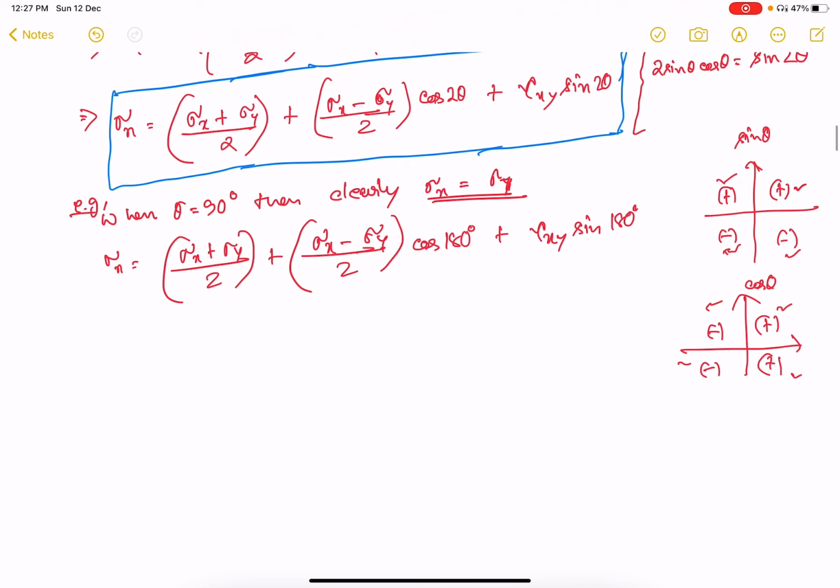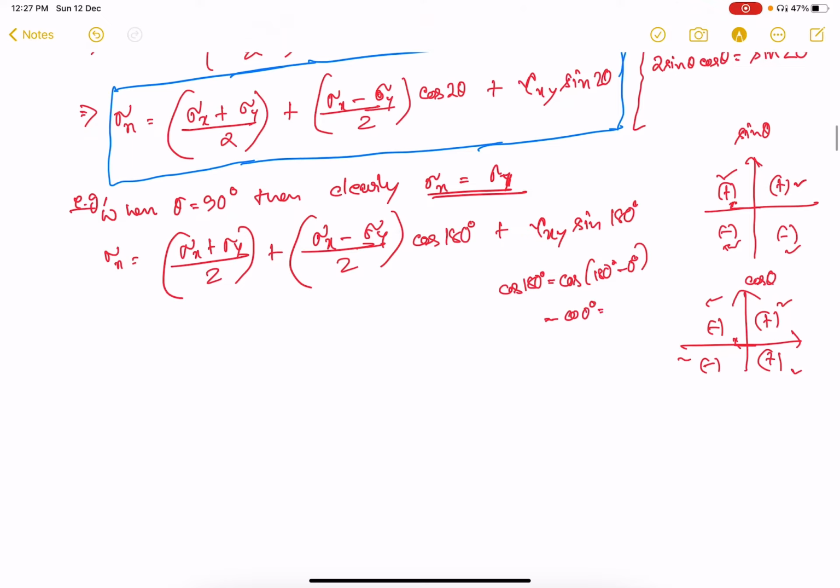Let's see, cos 180 degree is nothing but cos of 180 degree minus 0 degree. So 180 degree minus 0 degree means in this quadrant, cos will be negative. So it is minus cos 0 degree, and minus cos 0 degree is minus 1.